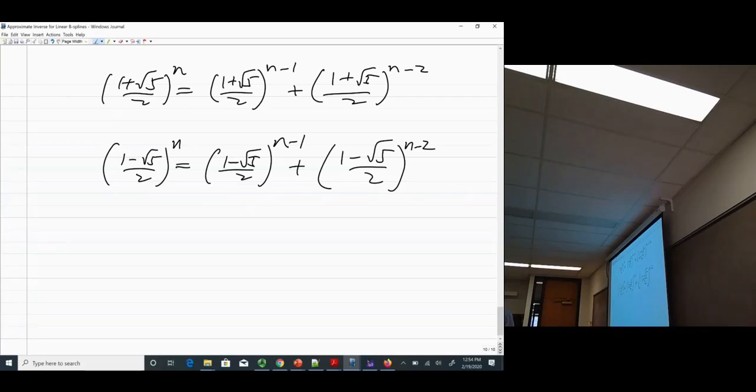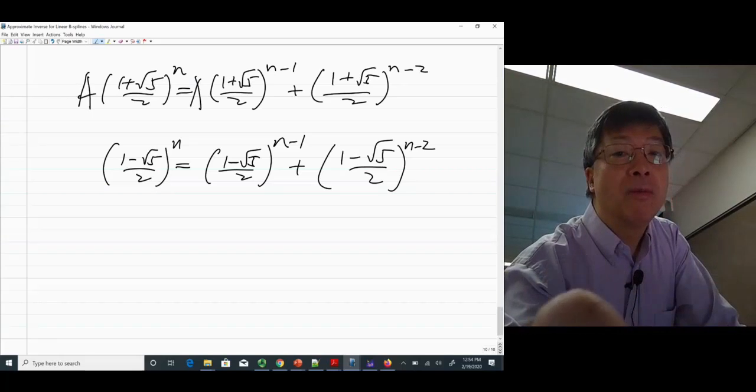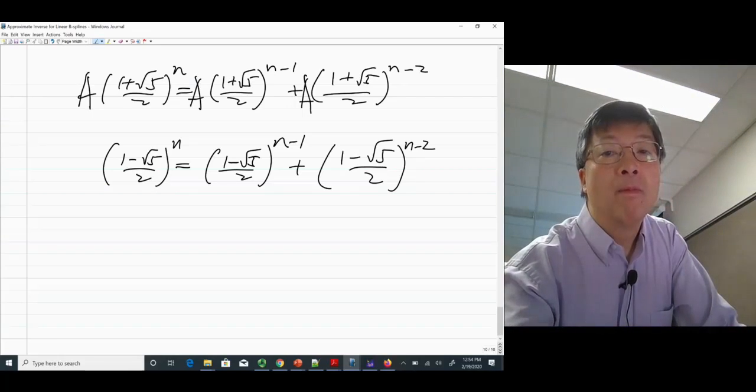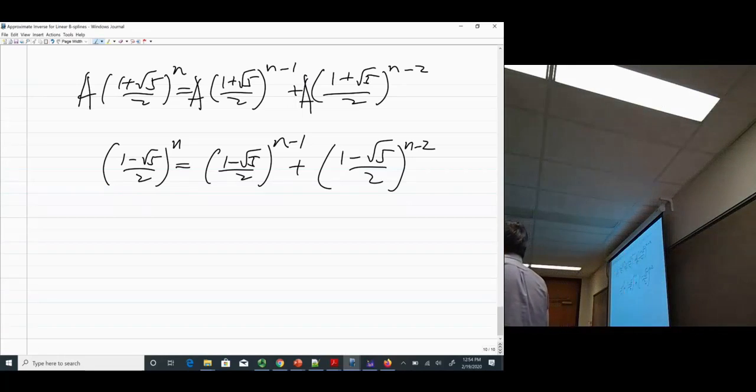Equivalent transform. For the first equality, can I multiply a non-zero constant on both sides? So how about I multiply A on both sides? For equation B, how about I multiply B on both sides?